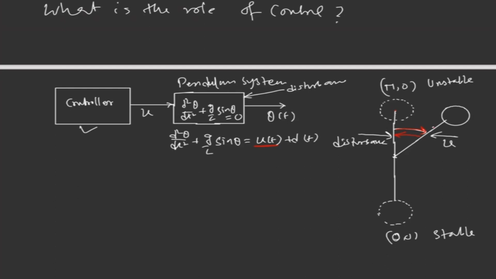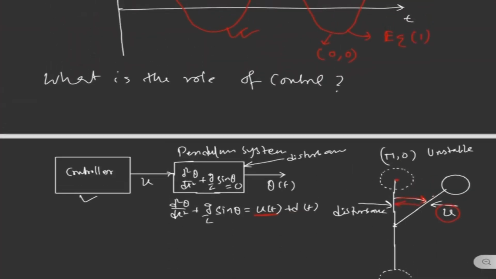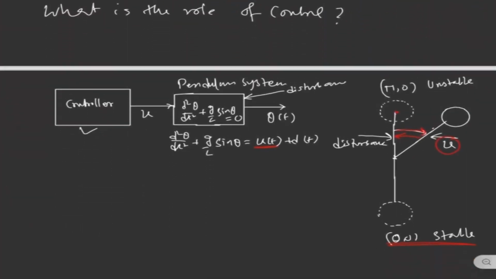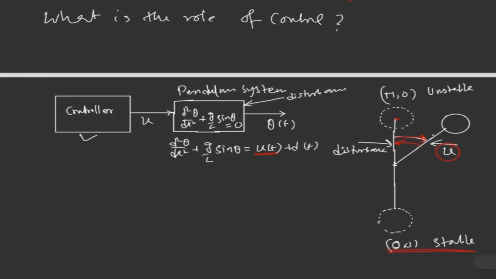Even if the system deviates from the equilibrium point, with the help of this control algorithm, we can take it back to this point again. And because this is already a stable equilibrium point, but the response you have here is oscillatory, we can also use the control to damp out those oscillations.